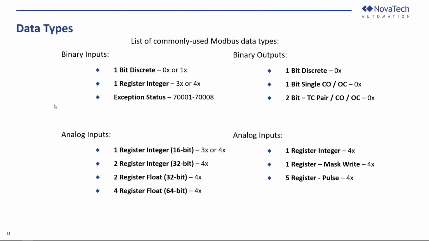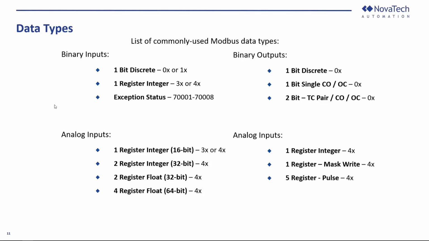There's also something called exception statuses. I don't have a slide on this, but function code 7 is exception statuses. There is no such thing as a 7x register in the Modbus protocol.